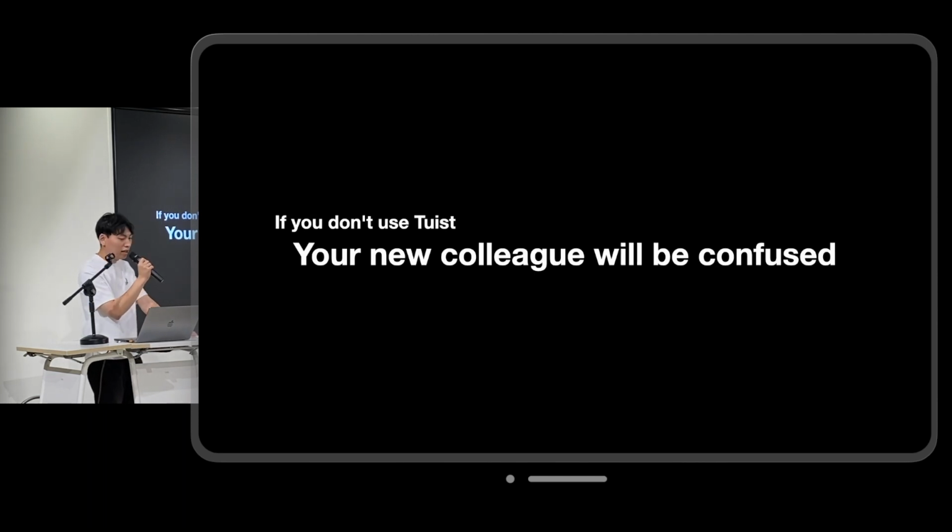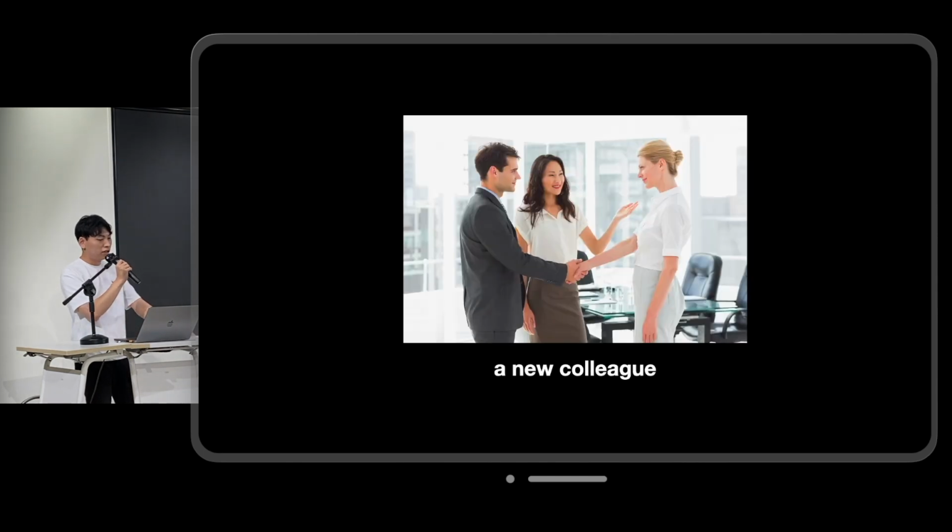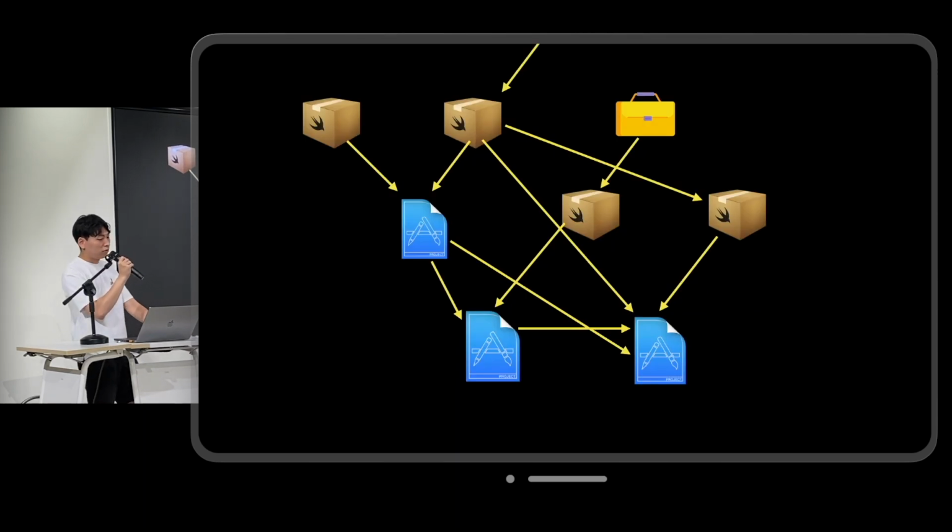Let's take a look at another situation when you don't use Tuist. If you don't use Tuist, your new colleague will be confused. Let's say a new developer who you have been waiting for has joined the team. However, the existing projects have so many intertwined frameworks and projects.